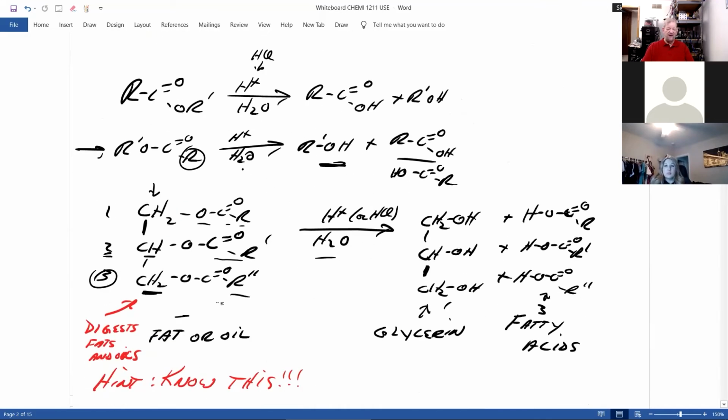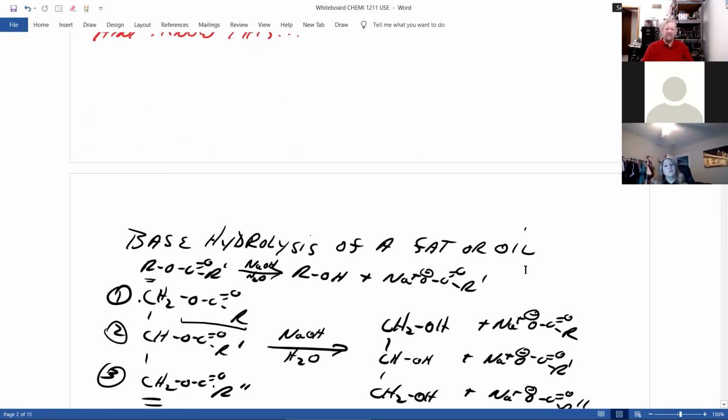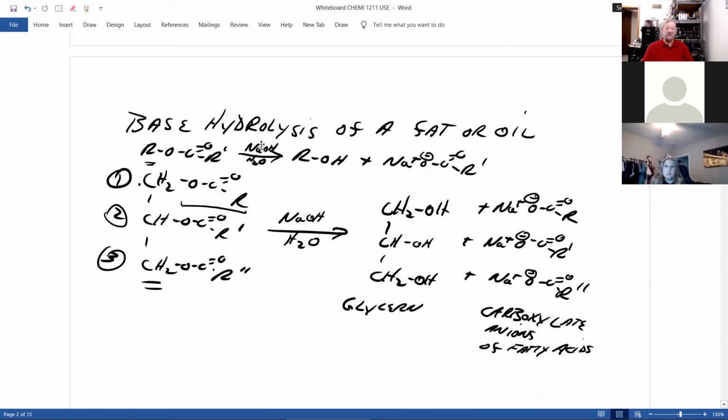And for fat or oil, here's the triglyceride, not 1, not 2, but 3 esters, and each one undergoes the same reaction, something you've already practiced, and you get glycerin and fatty acids.